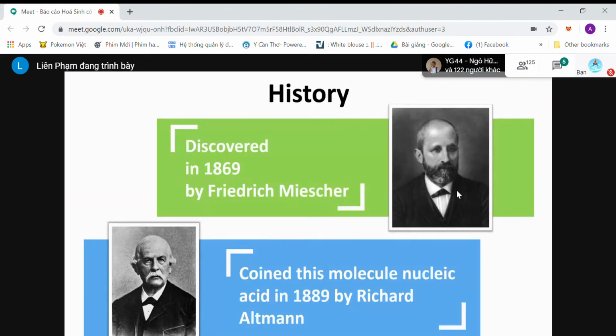But first, I would like to go through the history of nucleic acids. In 1869, Friedrich Miescher discovered nuclein. In 1889, his student Richard Altmann coined the term nucleic acid.